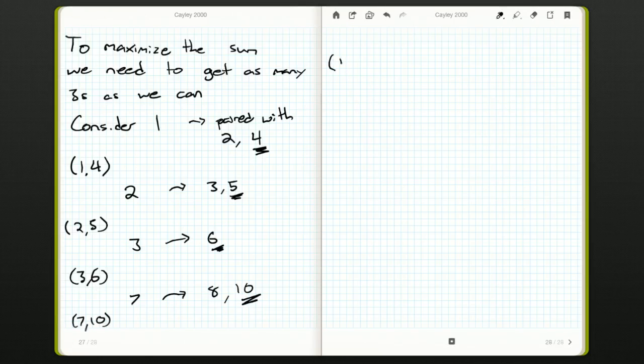So we'll have 1, 4, 2, 5, 3, 6, and we'll get 7, 10, and that'll force us to do 11, 14 if we want as many 3s as possible, and 12, 15, if we want to try and get as many threes.